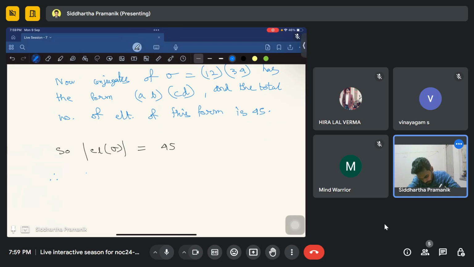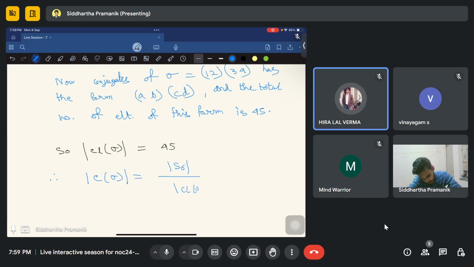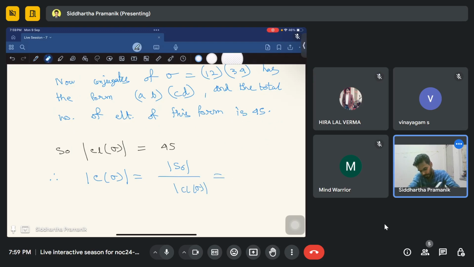Hence the cardinality of the centralizer of sigma is the cardinality of S6 by 45. You are saying it is 16.